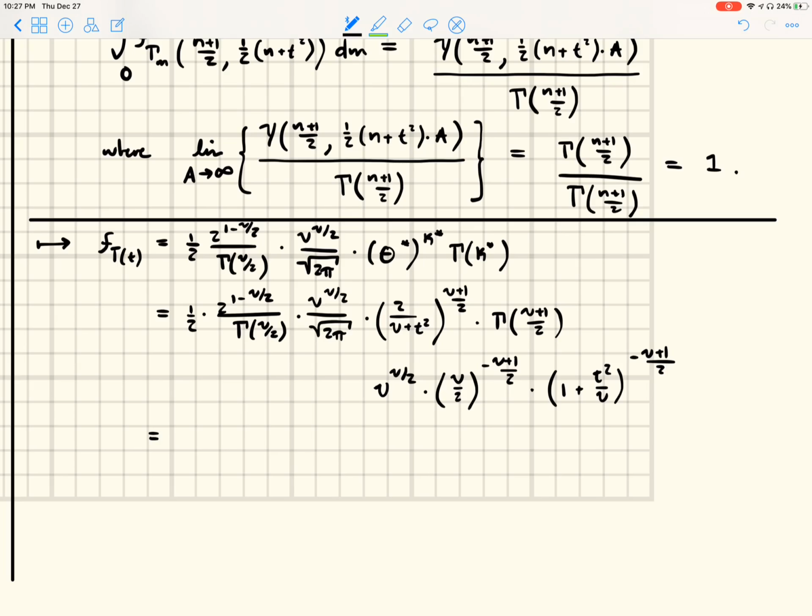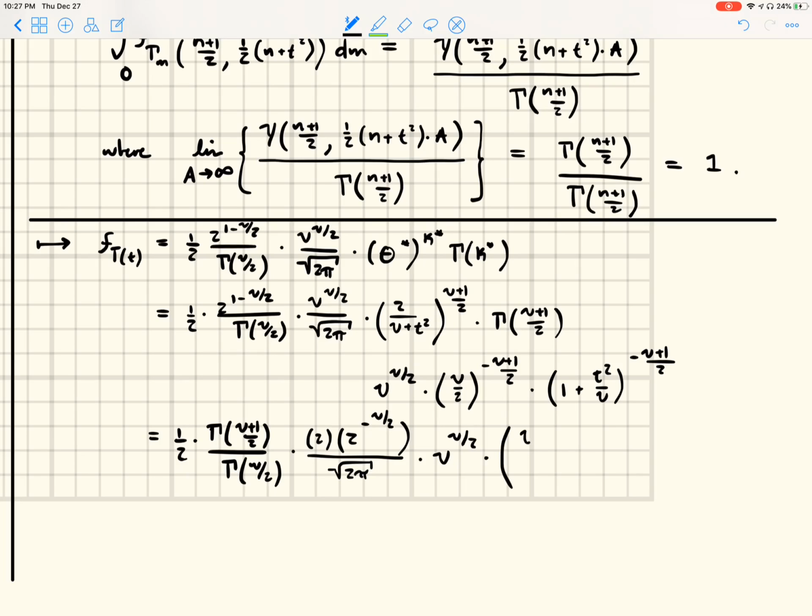And if we write this out in full, we get 1/2 times gamma of v plus 1 over 2 over gamma v over 2 times, we've got a 2 here, and we've got a 2 here, and then the square root of 2 pi term, v times v squared, or v raised to the v over 2 power.